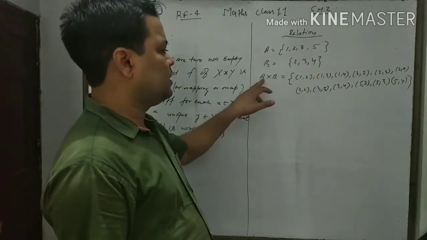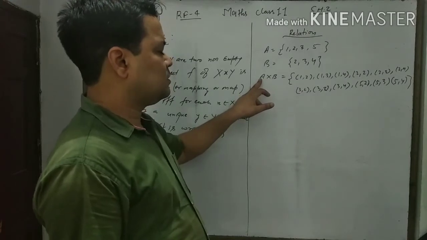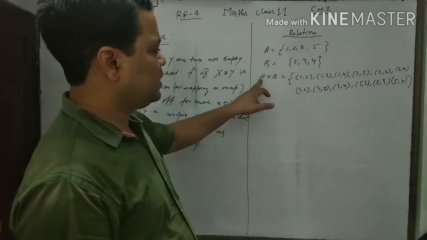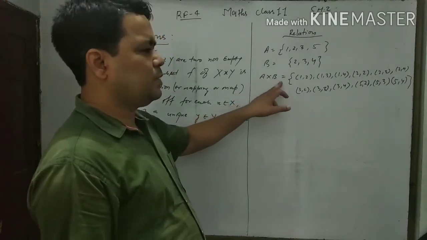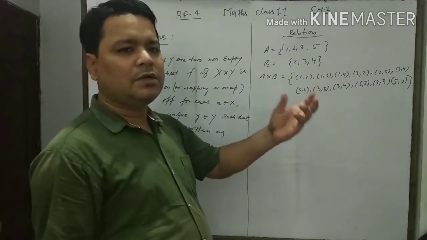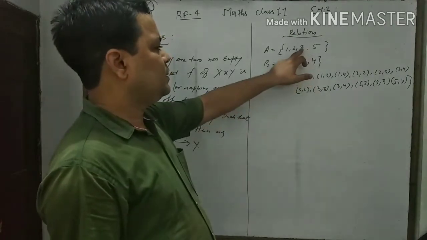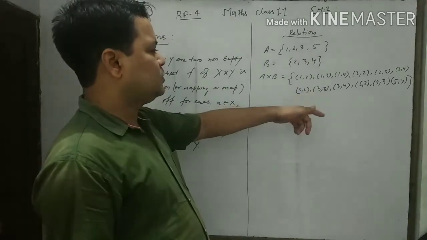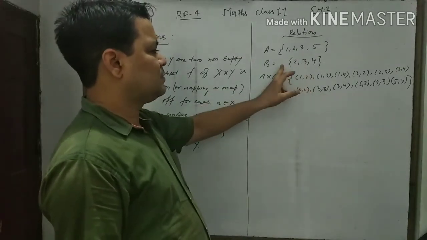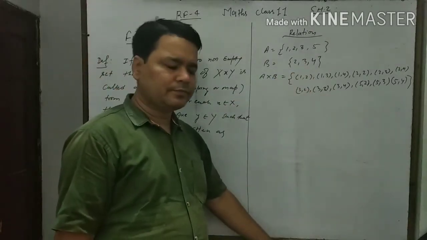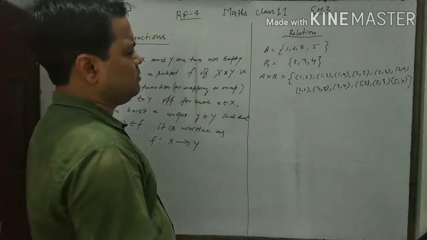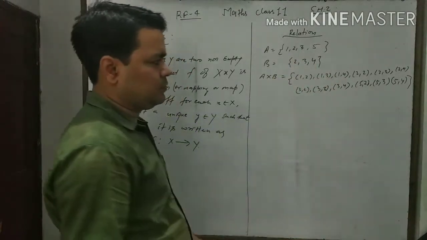And we know that the number of elements in A cross B is equal to the multiplication of the number of elements in set A and the number of elements in set B. So here that is 12.